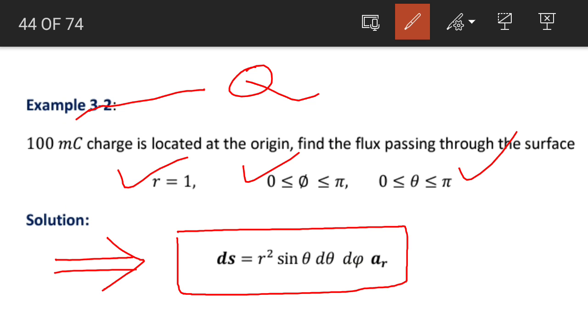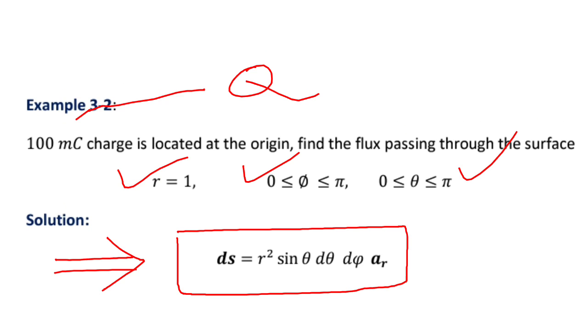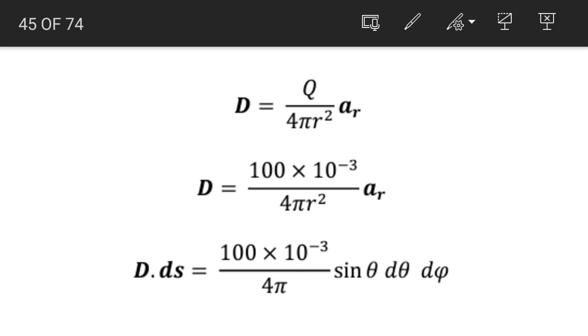And as a point charge is located at the origin, the electric flux density at a radial distance r will be equal to q divided by 4 pi r square AR.